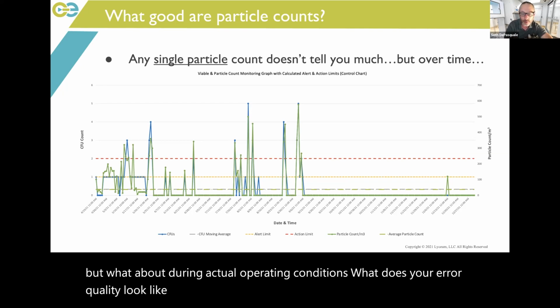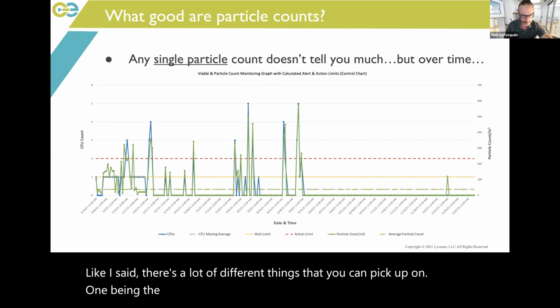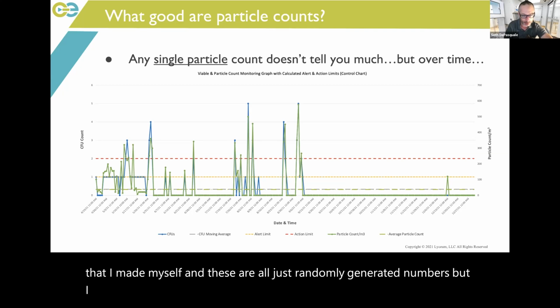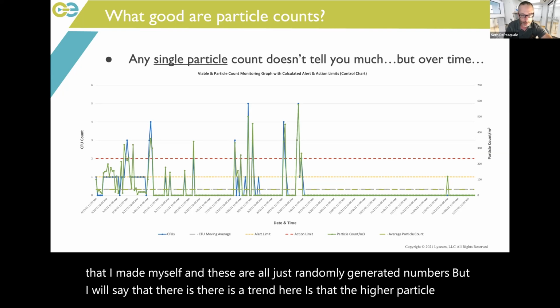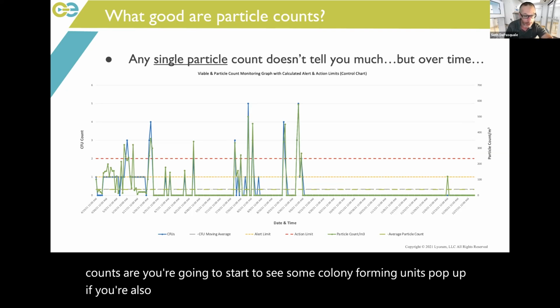Well, if you have a particle counter set up in your clean room, like I said, there's a lot of different things that you can pick up on. One being the fact that, and by the way, this is an Excel spreadsheet that I made myself, and these are all just randomly generated numbers. But I will say that there is a trend here: the higher the particle counts are, you're going to start to see some colony forming units pop up if you're also doing viable sampling at the same time.